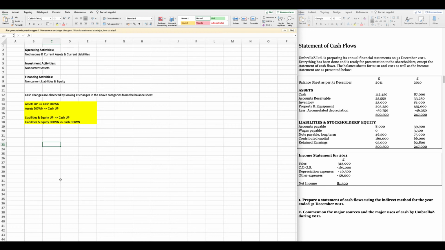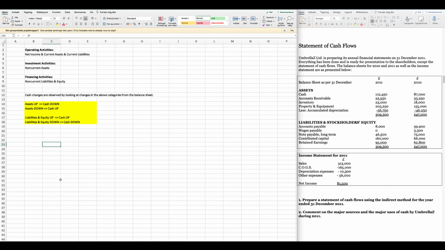That is the practical implication. We can also imagine another situation where suppliers are giving us credit terms so that we have accounts payable that increase. That would be another example of liabilities going up. Well, in that case, cash would also go up because our creditors are essentially funding or financing our activities.